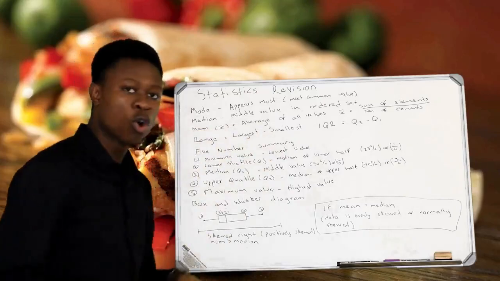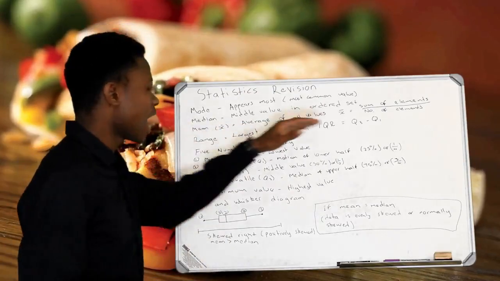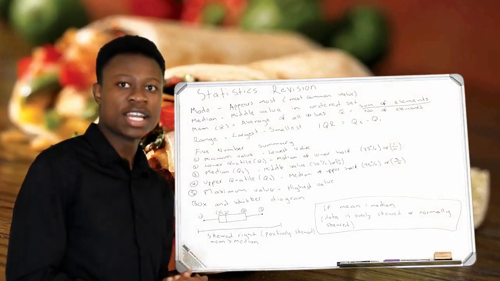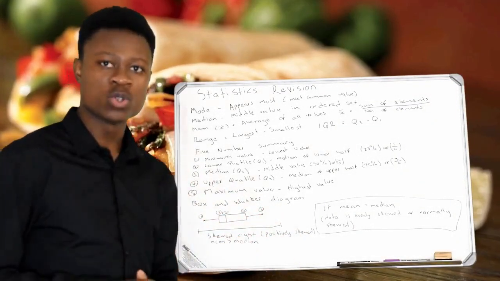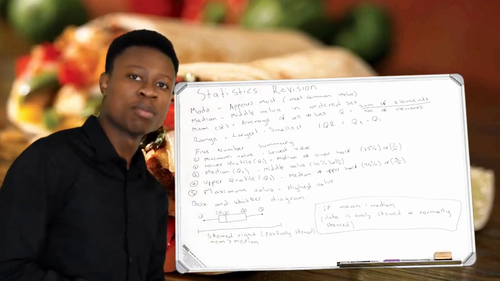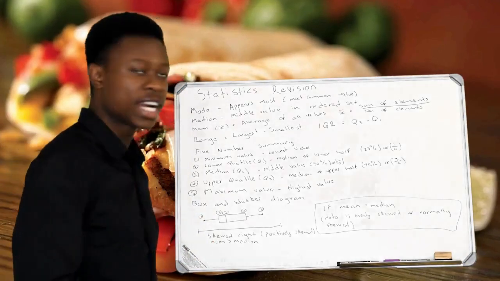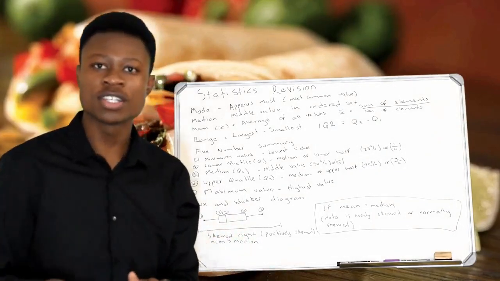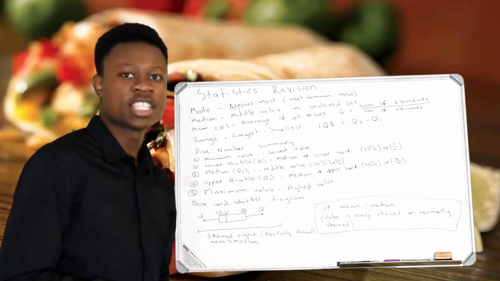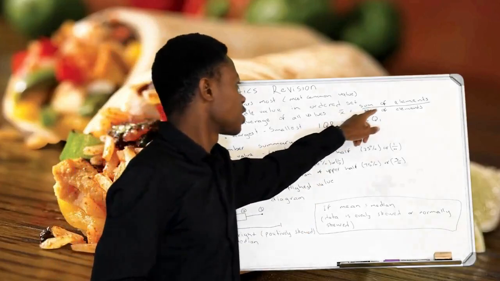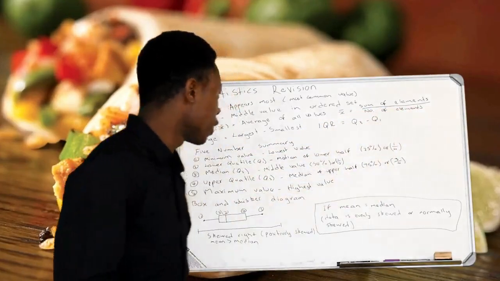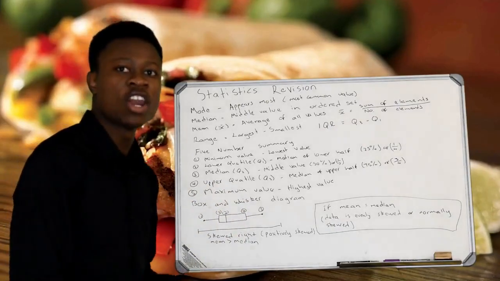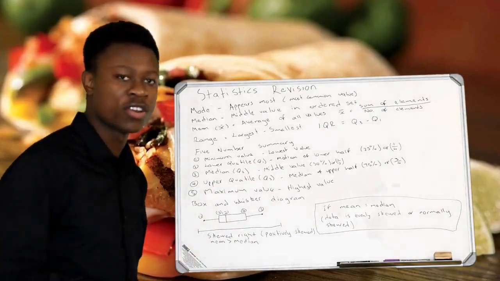The mean, or X bar, is the average of all your values. Average means you add all of your values and divide by the total number of values, just like how you calculate your average grade. You add all of your marks and divide by how many subjects you have. So the mean is the sum of elements divided by the number of elements. The range is the largest value minus the smallest value.